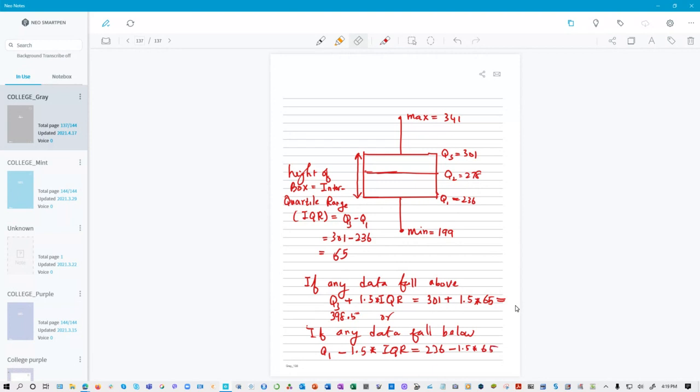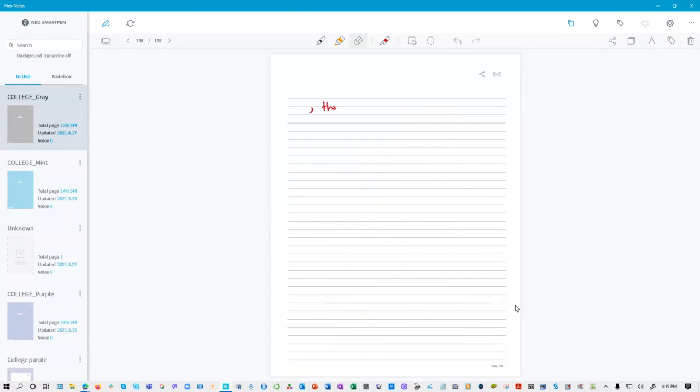So let's get that one. 236 minus 1.5 times 65 is 138.5. They are called outliers, or unusual observations.